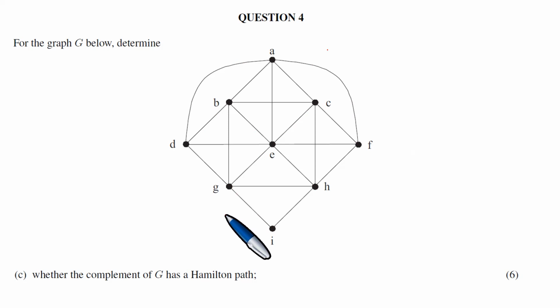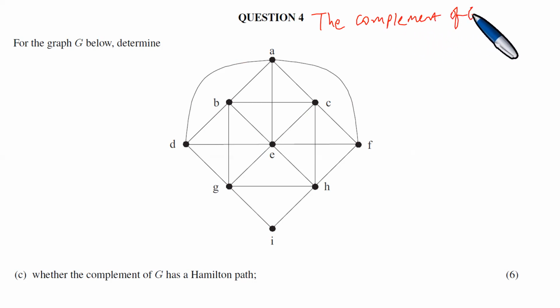So first we note that the complement of G is given by, okay, what is the complement of G? If this is the graph G, what is the complement? So we saw how to draw the complements. We connect vertices that were not connected before.